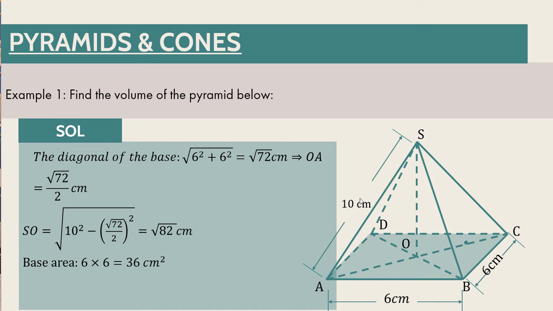Applying the formula for the volume, the base area is 6 times 6 equals 36 square centimeters. So the volume of the pyramid is 1/3 times the square root of 82 times 36, which is equal to 12 times the square root of 82, approximately 108.7 cubic centimeters.